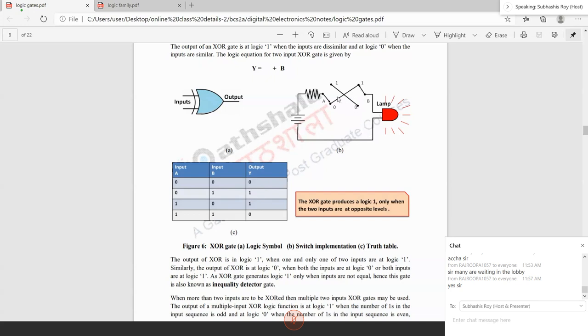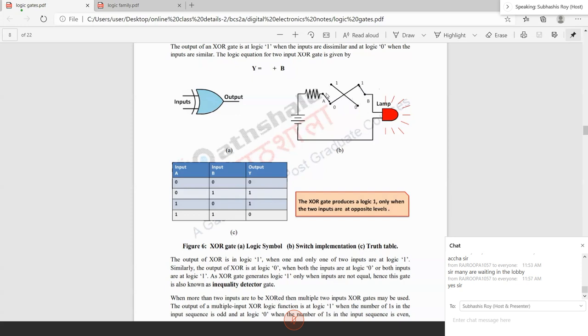A can be connected to switch 0 or switch 1, but only the line which is connected to the load matters. Suppose B is connected to this position and A is connected to this position. Then you are getting a complete circuit diagram. There will be a complete circuit when A is connected to 1 and B is connected to 0, or A is connected to 0 and B is connected to 1.